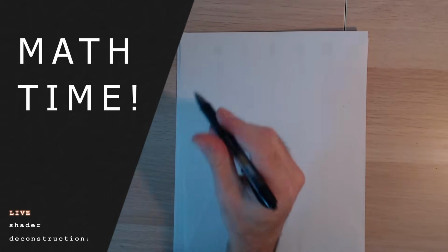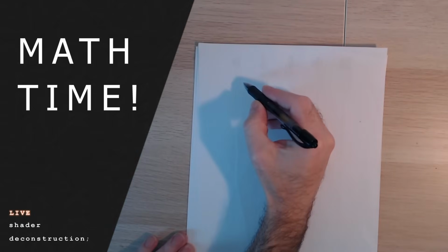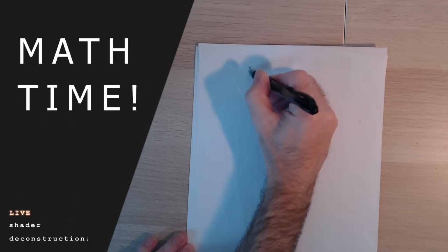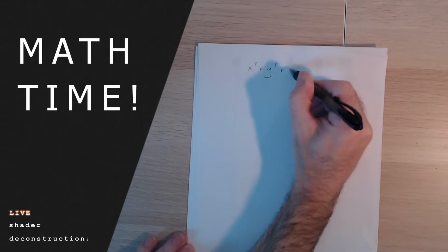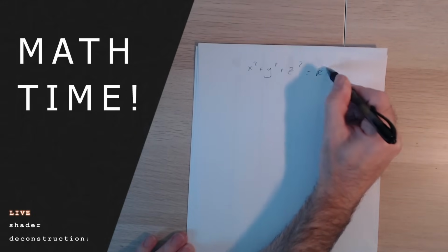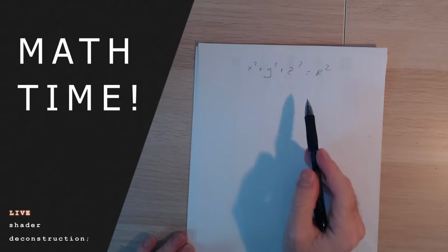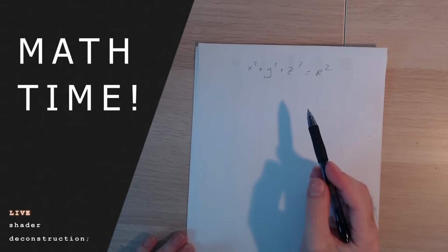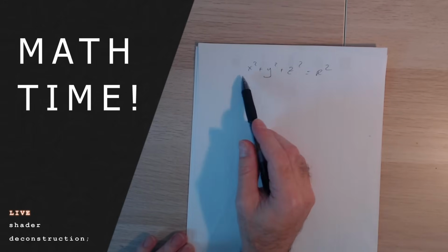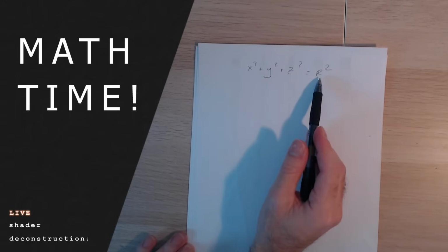All right, so a sphere, as you might know, is something like x squared plus y squared plus z squared equals a radius squared. That would be a sphere centered at the origin. And in this case, all the points that satisfy this equation are on the surface of a sphere.